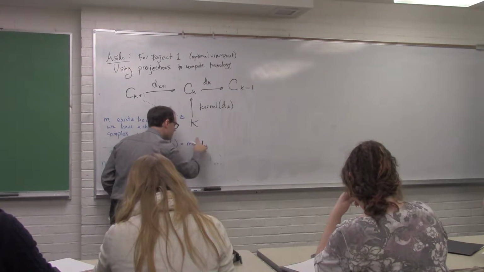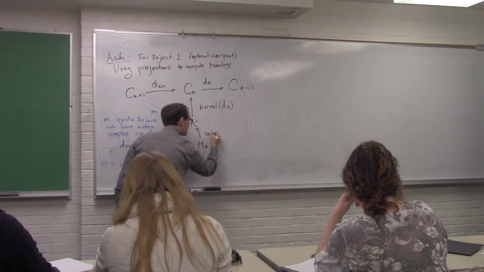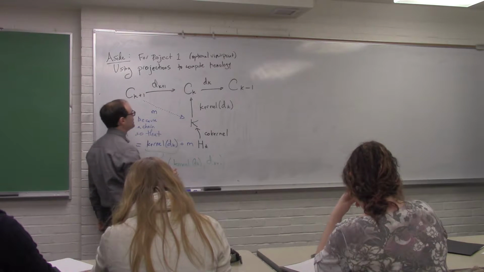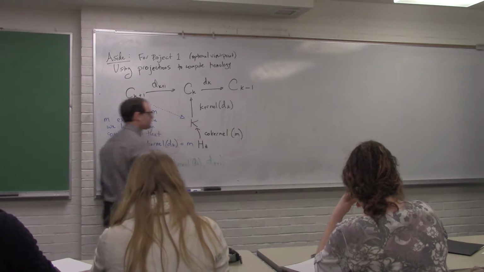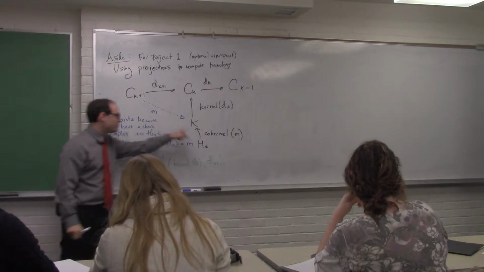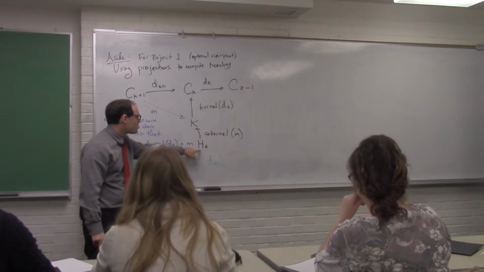Oops, I misdirected my arrow here. My homology is then purely the cokernel of, well, what am I looking for being outside the image of? Being outside the image of M. That's my homology space. So take this M, compute its cokernel, and that will tell you the homology. Now, what are the rows and columns of this?